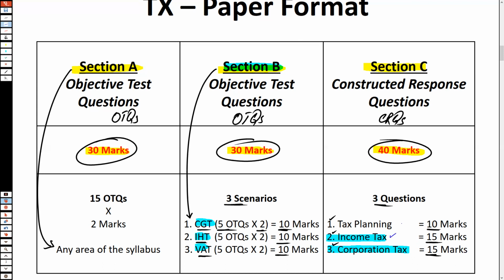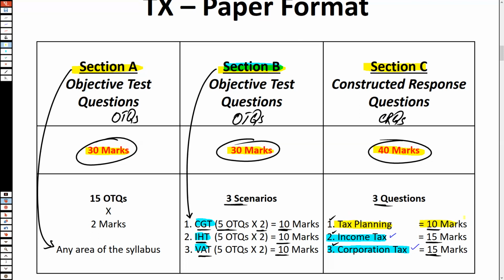In Section C, there will be a question for taxation of an individual person, like if you and I are paying taxes. That means these are the taxes of an individual person. It means income tax. Whenever a company is paying tax, that means corporation tax. The third question in Section C is with respect to tax planning.